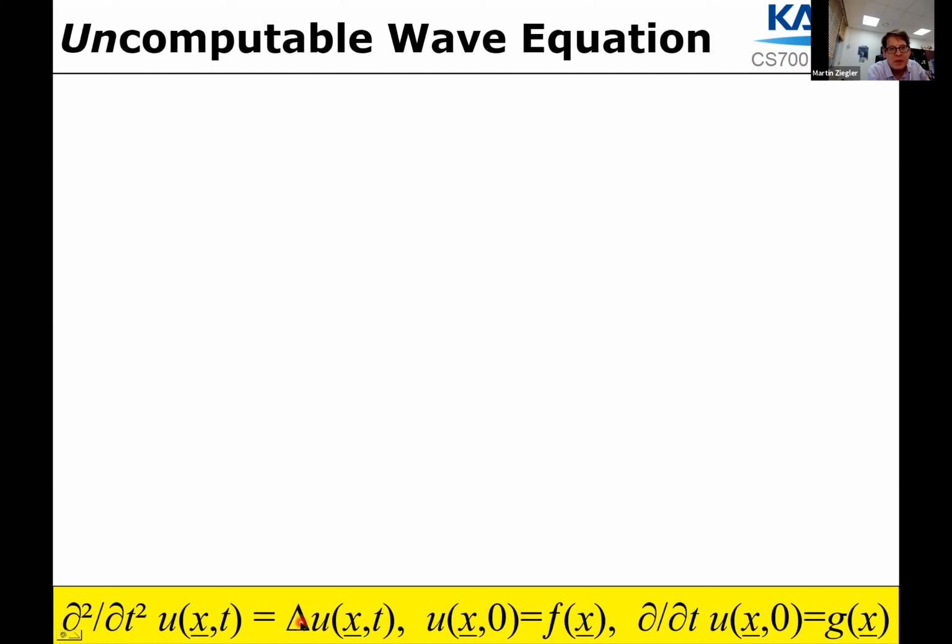Actually, it suffices if we have only two spatial variables here. And we need two initial conditions. First, an initial condition for the function value initially, and for its first temporal derivative as well. So we have two initial conditions, f and g.